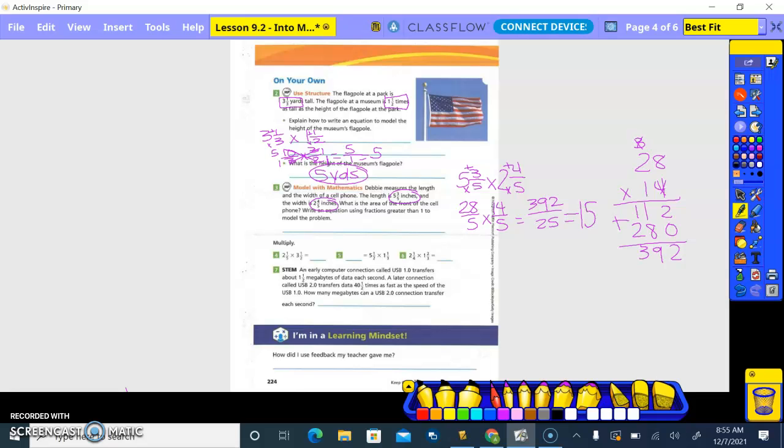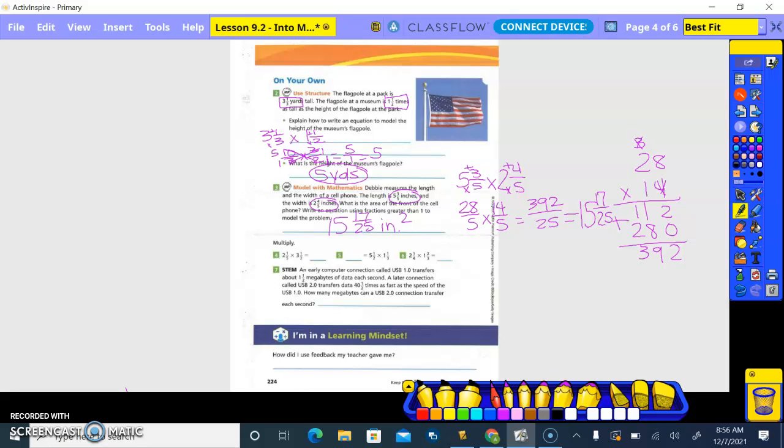So what is 392 minus 375? 17. So our answer would be 15 and 17/25 inches squared.